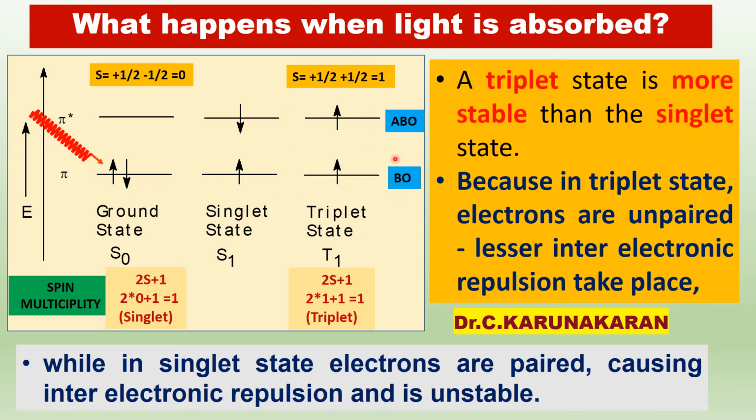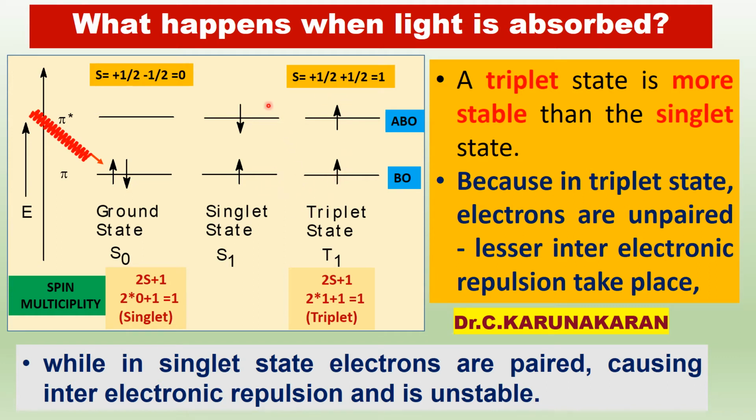Why is this formed? This state is more stable than the singlet state, because in the triplet state, the electrons are unpaired, so less interaction and less repulsion take place.